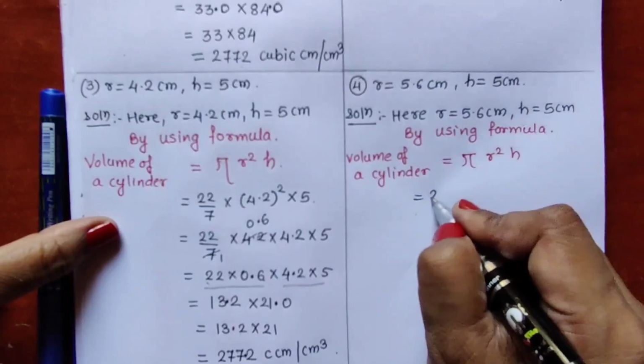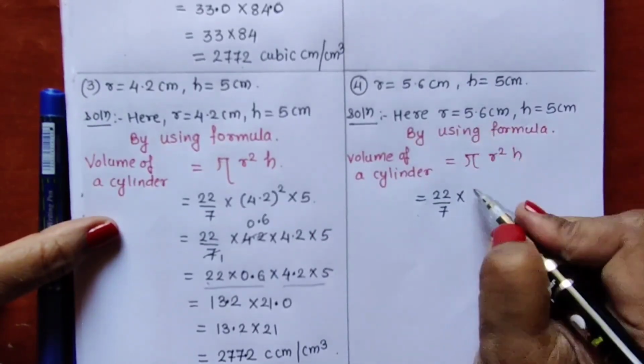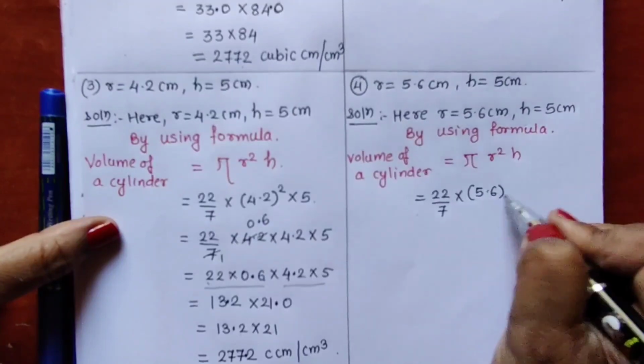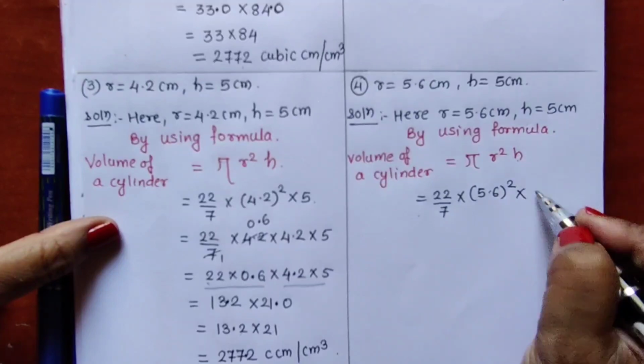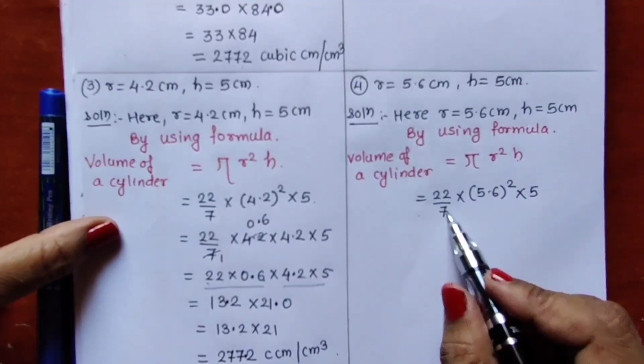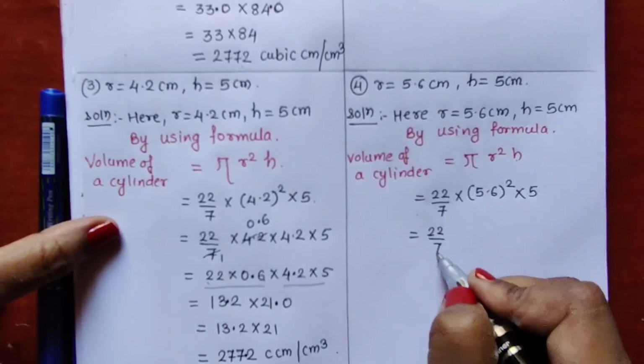Pi value, in place of pi we write 22 upon 7. In place of r square, r value is 5.6, so we write 5.6 square multiply by 5, h is 5. Now this 7 and 5 cannot be cancelled, so we write 22 upon 7 as it is.